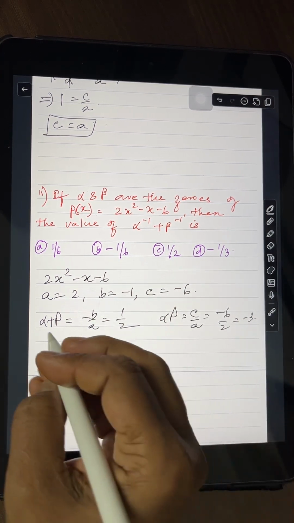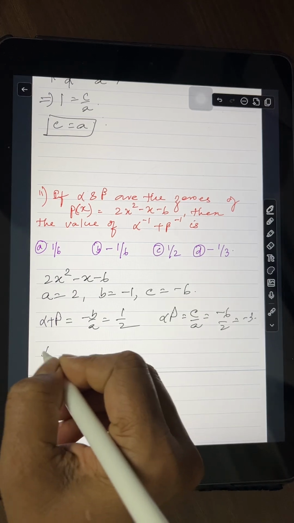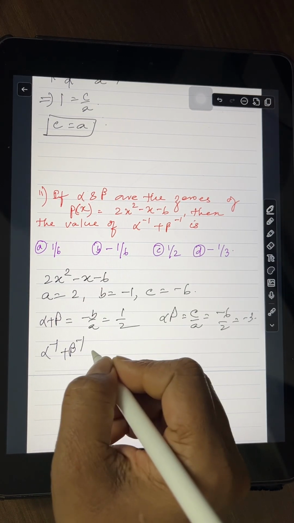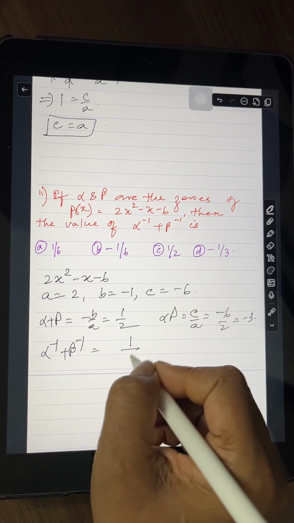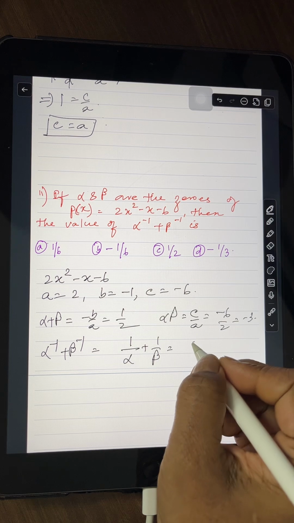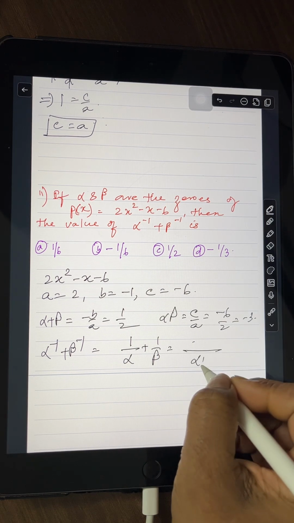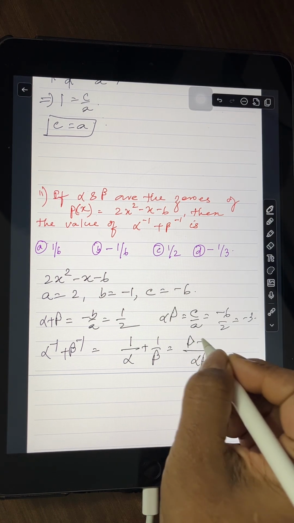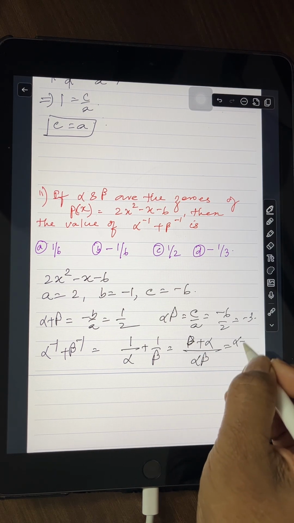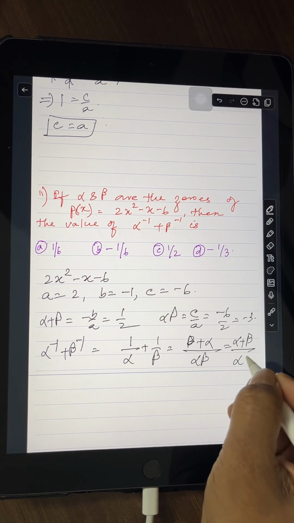Okay, done. Now what he is saying, find alpha to the power minus 1 plus beta to the power minus 1, which can be written as 1 by alpha plus 1 by beta, now when you take LCM, this will be beta plus alpha by alpha beta, which is nothing but alpha plus beta by alpha beta.